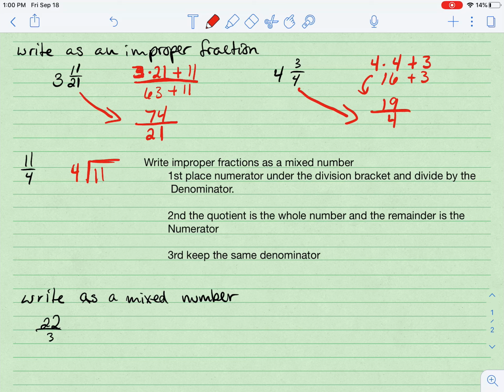Since we know that it's going to have a larger top, 4 is going to be able to go into 11 at least once. Well, 4 can go into 11 two times. 4 times 2 is 8, leaving us with 3. So 3 is going to be our remainder.